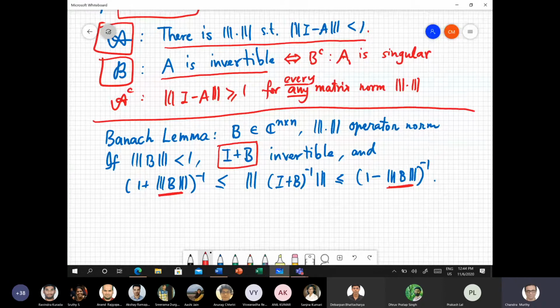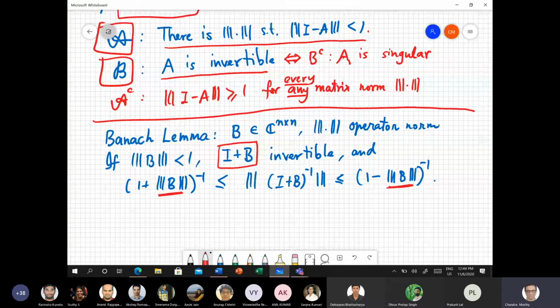But when you say for every matrix norm, what you will do is you will pick an instantiation of A and you will ask what is the probability that all matrix norms of I minus A are greater than or equal to 1. And a matrix fails this if there is a norm for which the norm of I minus A is less than 1. And then you ask, if I take different instantiations of this matrix A, what is the probability of success of this event?